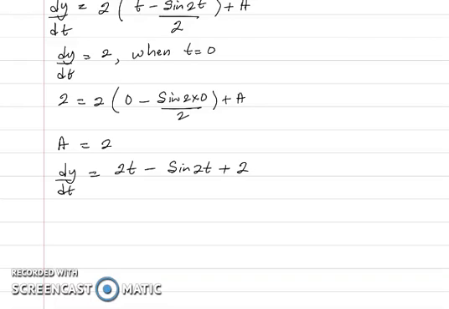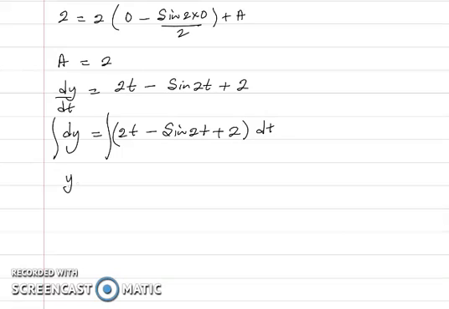All right, so let's integrate one more time. We have the integral of dy is equal to 2t minus sine 2t plus 2, and I'm integrating this with respect to t.